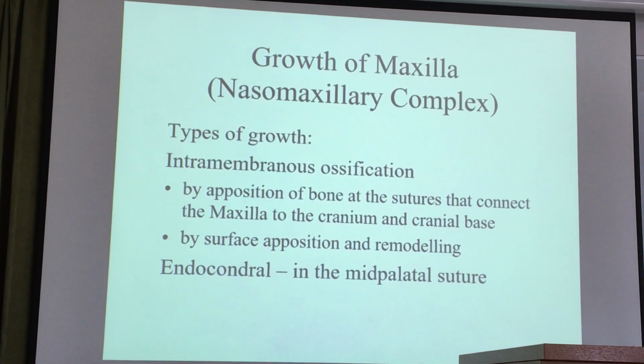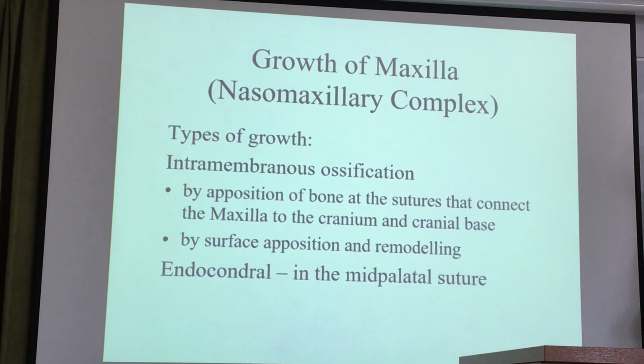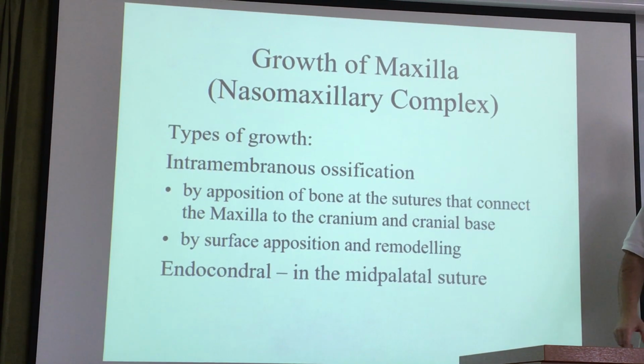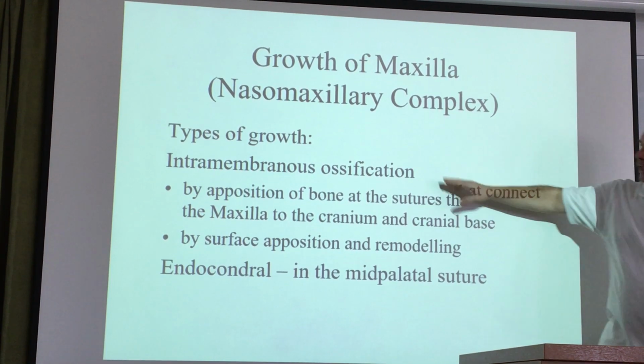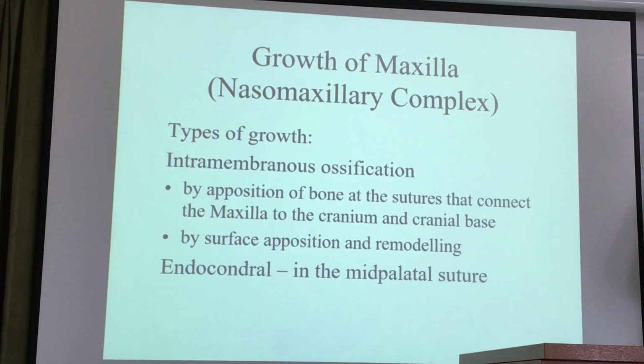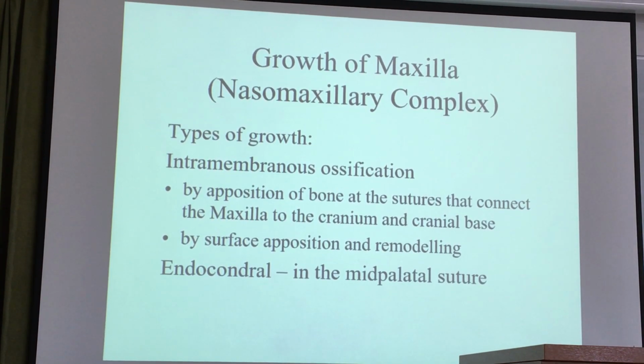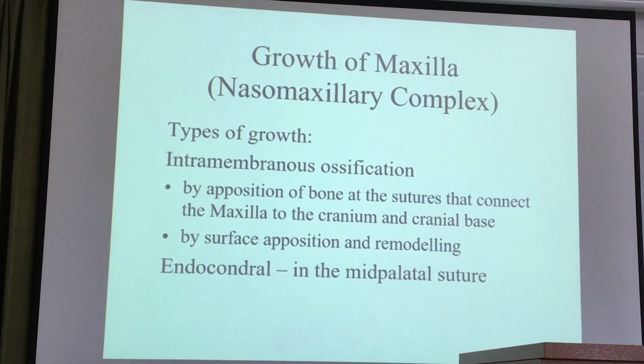And you can see here the growth of the mandible. In the maxilla, we have two types of bone formation, the intramembranous again and the endochondral.